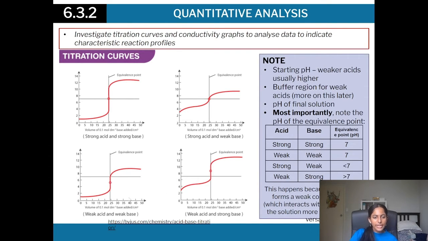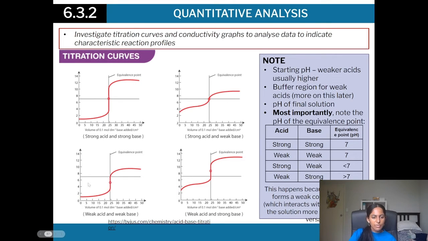Next, if we look at weak acid and weak base, you can see here that it has a lower pH in comparison to a strong acid, strong base at equivalence point. And you just explain it similarly.